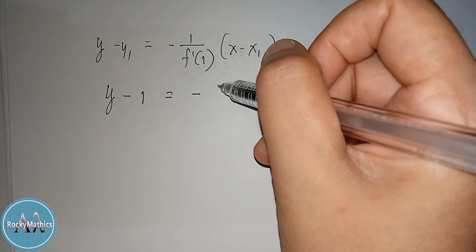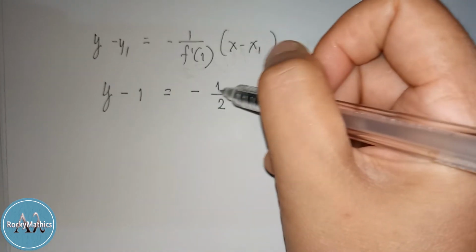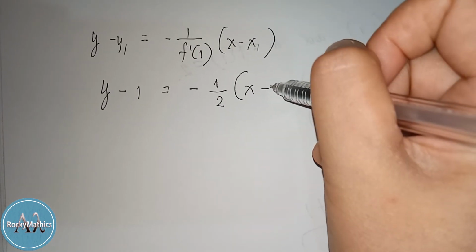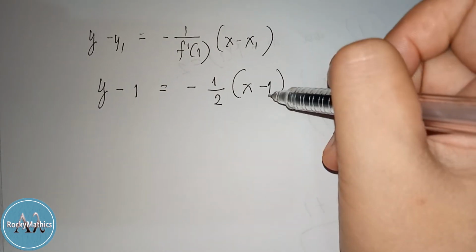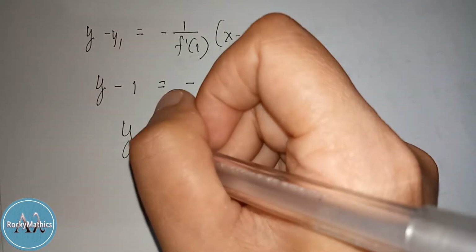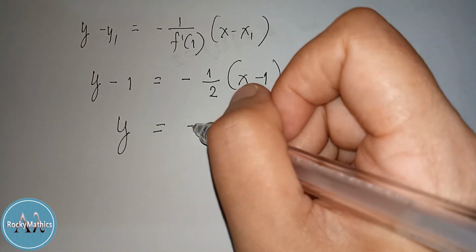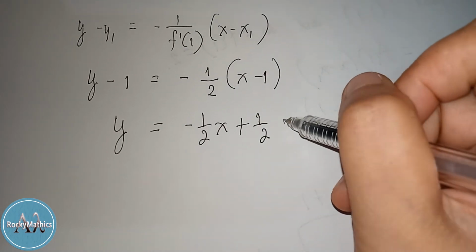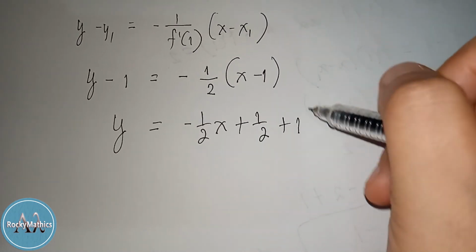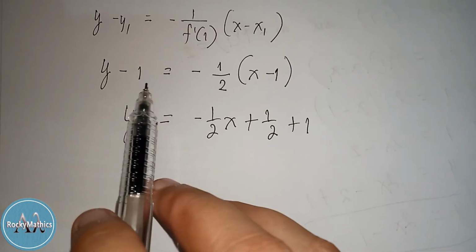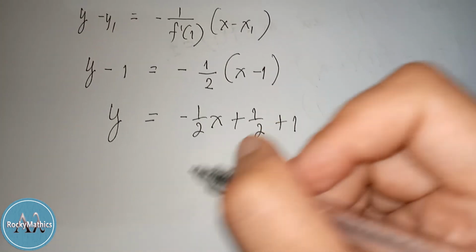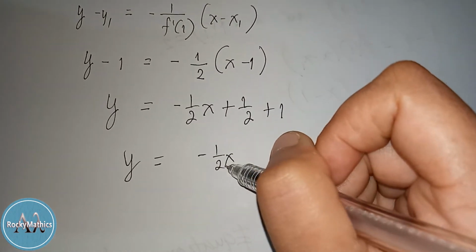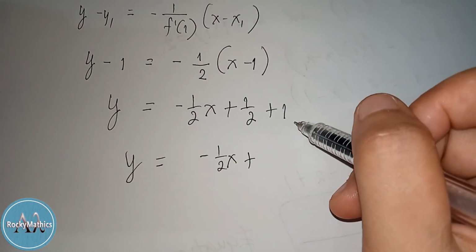Then we have a slope of negative 1 over 2 because our slope is 2. So we have x minus 1 since x sub 1 is 1. So y is equal to negative 1/2 x plus 1/2 plus 1.